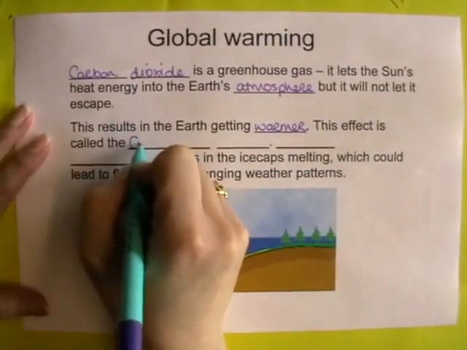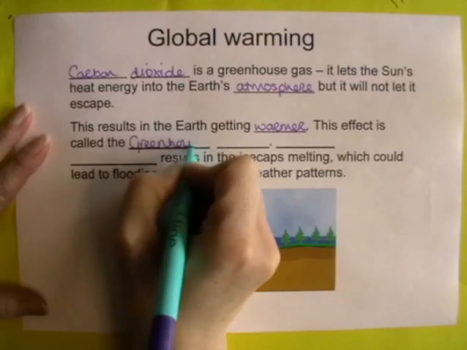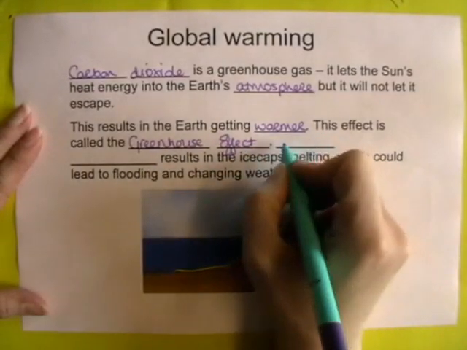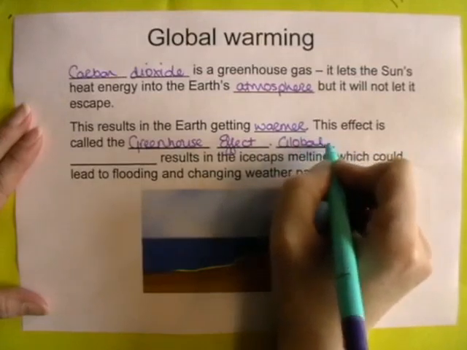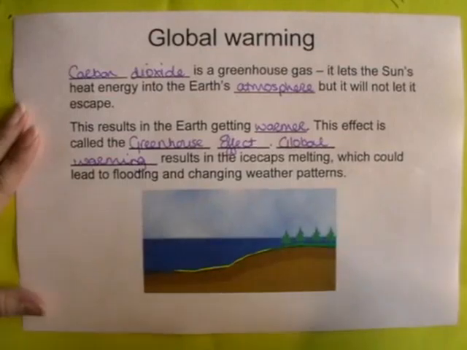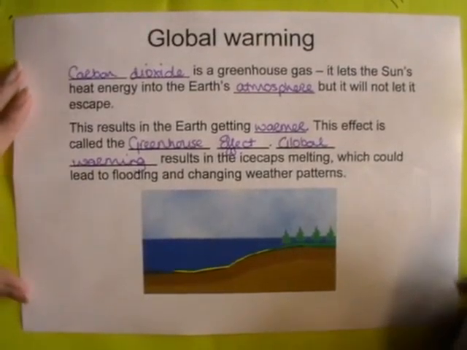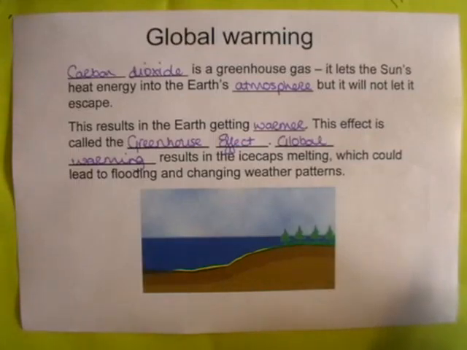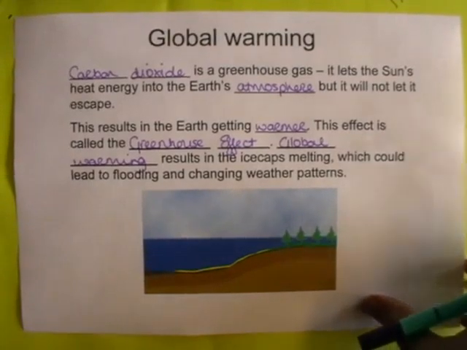This effect is called the greenhouse effect. And global warming occurs due to the greenhouse effect, and it results in ice caps melting, which could lead to flooding and changing weather patterns, and it affects the whole Earth.